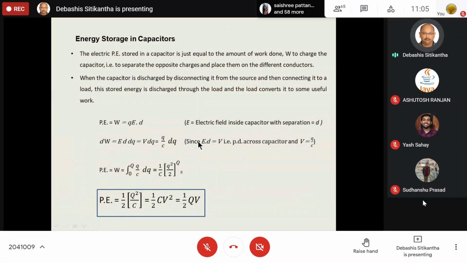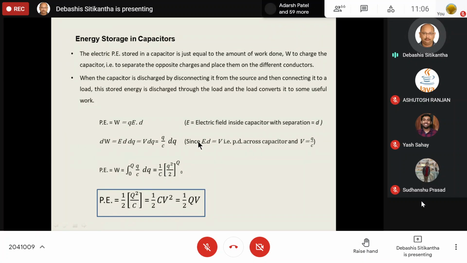Now let us move on to the energy storage in capacitors. As you all know, a capacitor is a circuit element which stores the electrical energy given by a source through the conductors. Energy can neither be created nor destroyed.